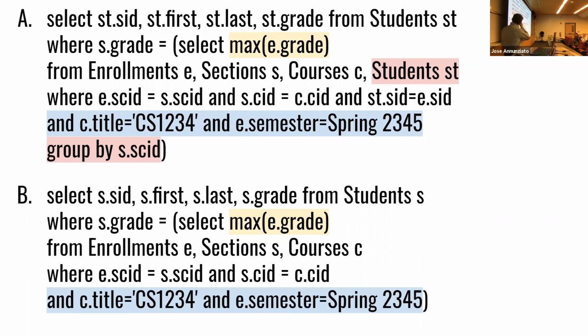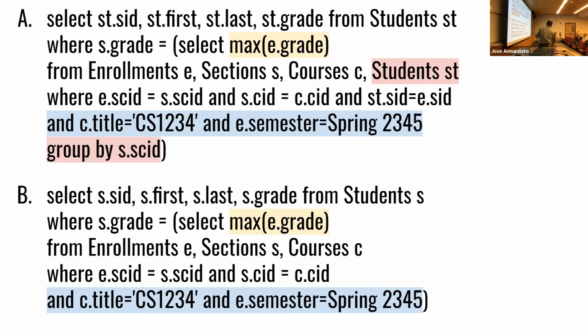Now if we keep looking, in the from clause of this particular one, it looks like we're joining 4 tables: from the enrollments to the section to the course. You remember there's a one-to-many from the enrollments to the section, and a one-to-many from the sections to the course. So enrollments has a foreign key to the sections, and the section has a foreign key to the course. Let's check out the joins and see if there's something wrong.